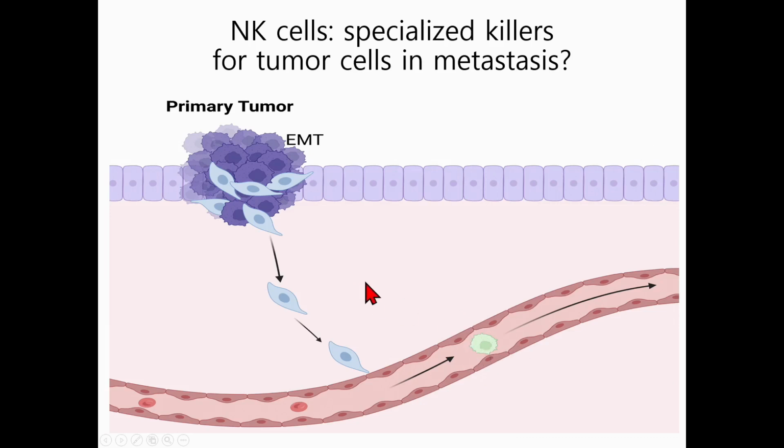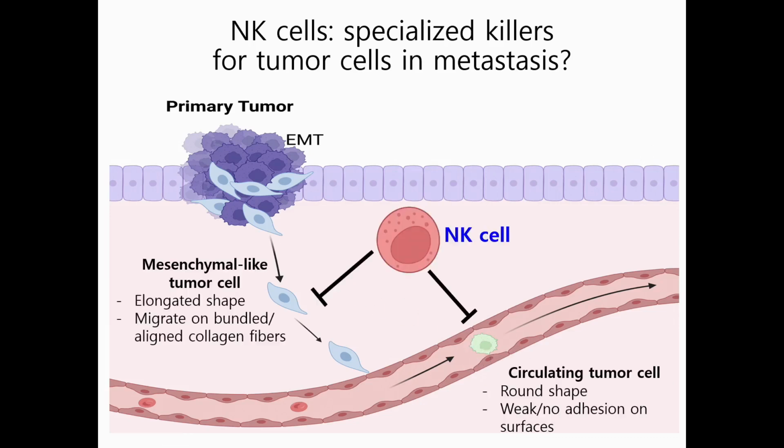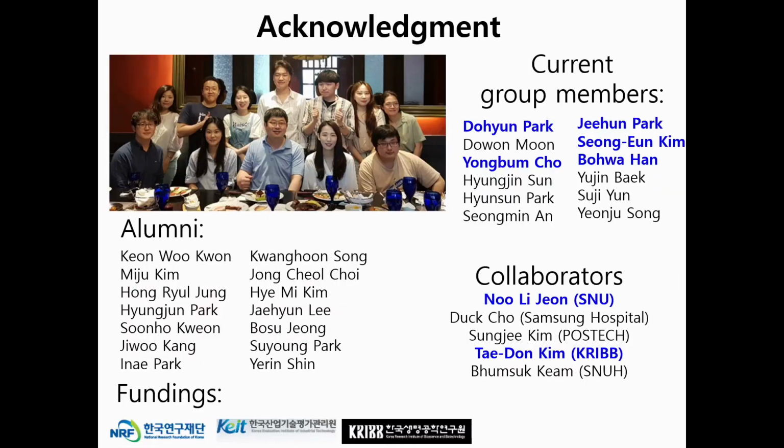And I found that NK cells are pretty good at killing those two types of morphologically different cancer cells, so NK cells may not be really good for solid tumor treatment, but they may be really good at controlling metastasis. Okay, that's all I have for today, and thank you very much for your attention.